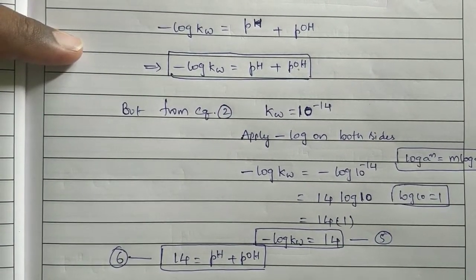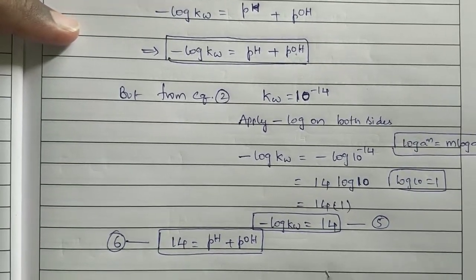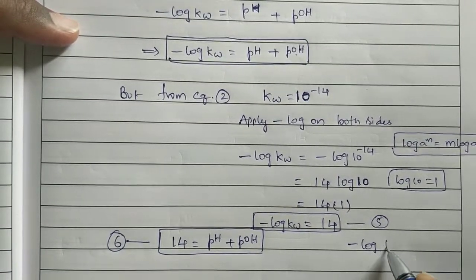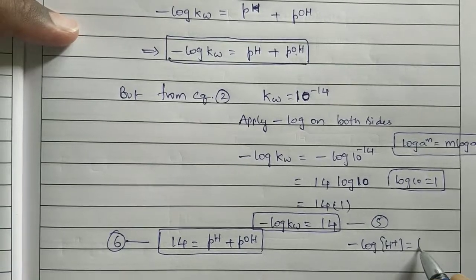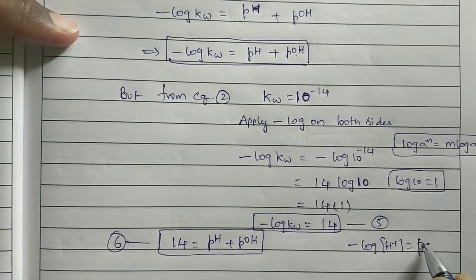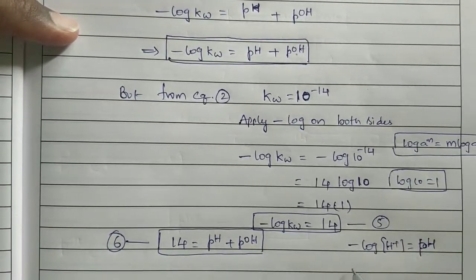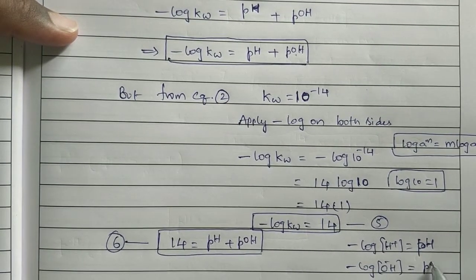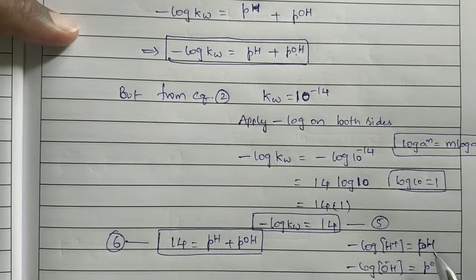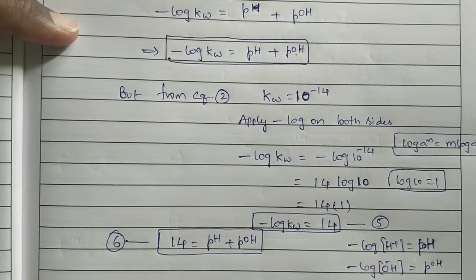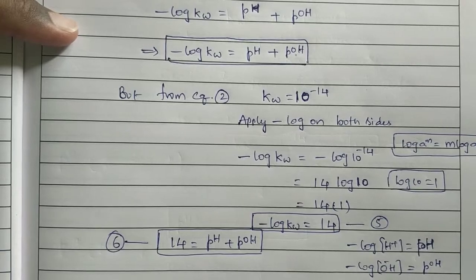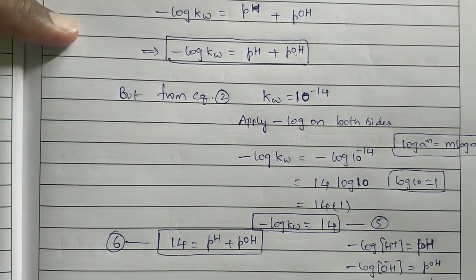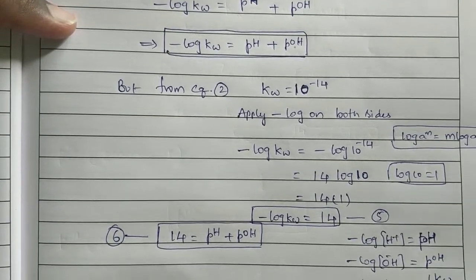Next, we know that minus log H plus is equal to pH. Minus log OH minus ion is equal to pOH. Same way, minus log Kw is equal to pKw.